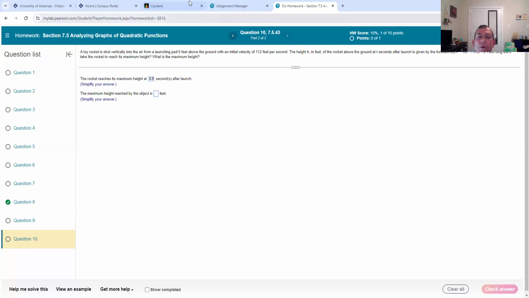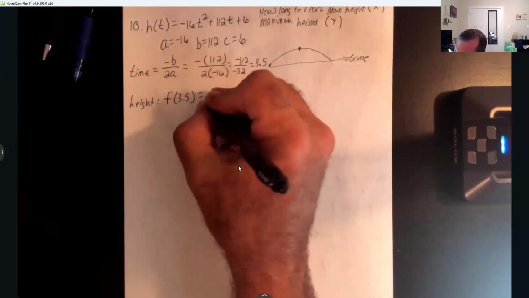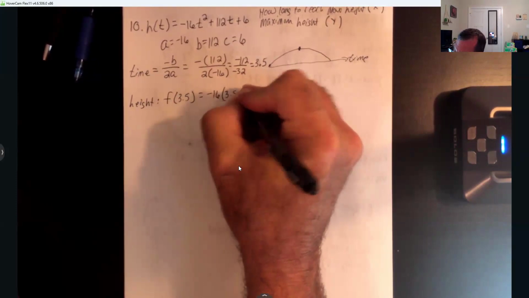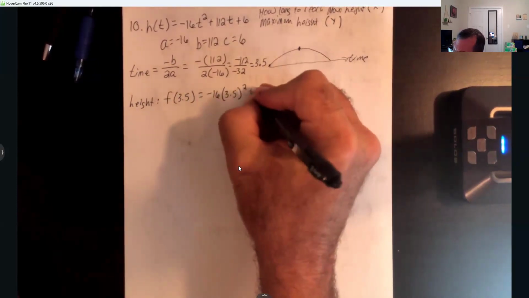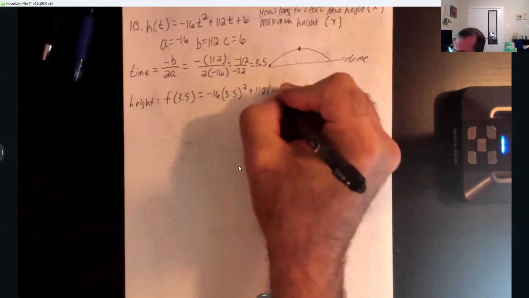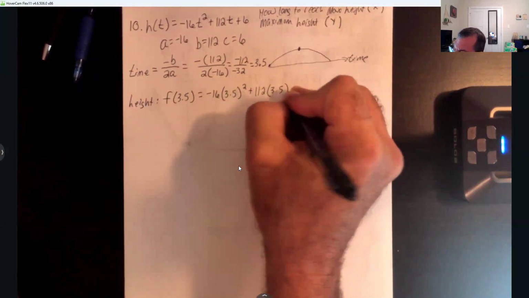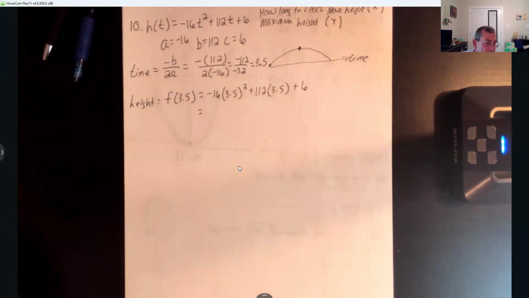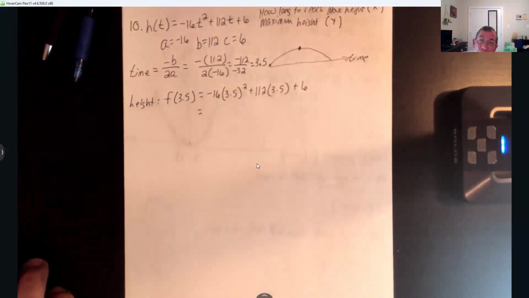So what we would do is put 3.5 in for our t. We've got negative 16 times 3.5 squared plus 112 times 3.5 plus 6. Since I've got all these decimals, I'm just plugging this into my calculator real quick. So let me share my calculator.